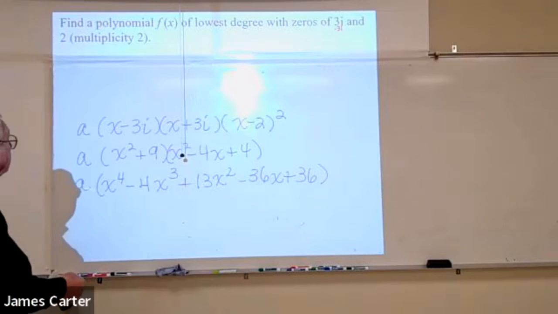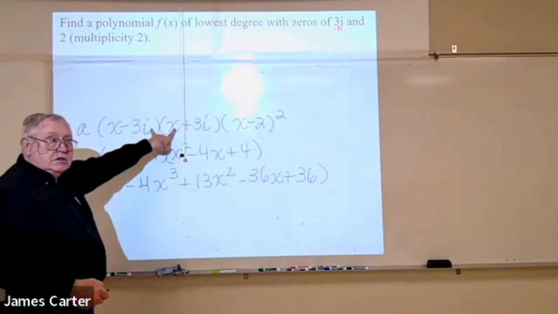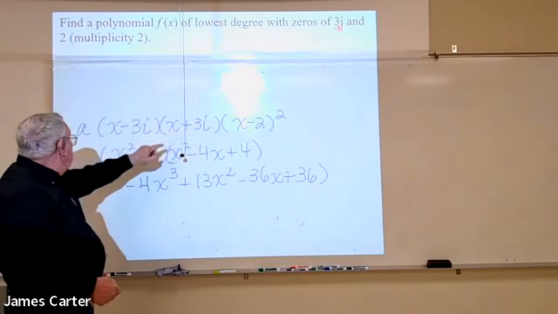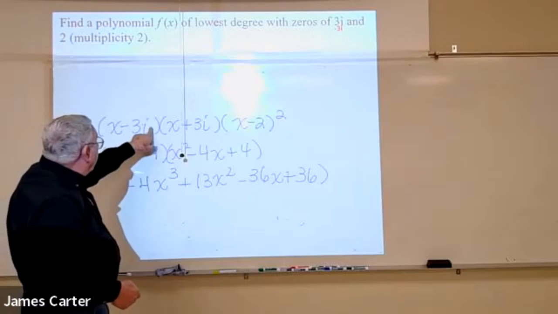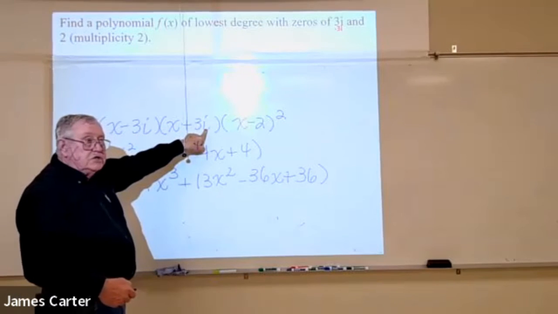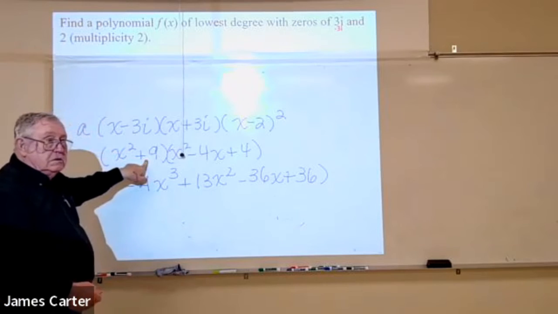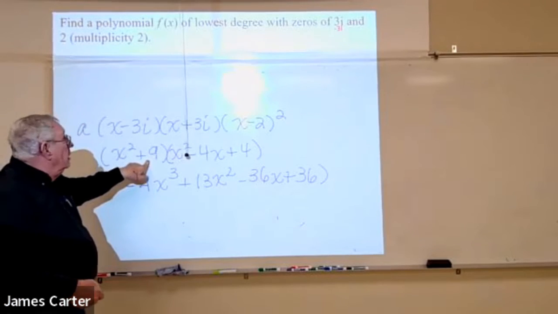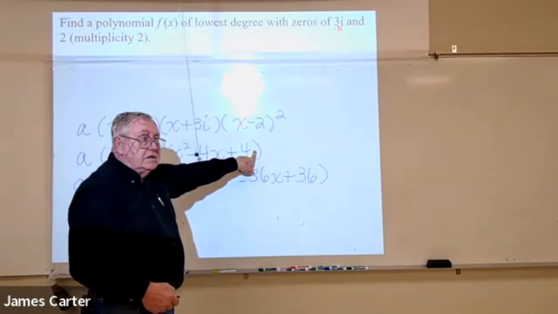Now, these two are conjugates. X squared, ordinarily you would have minus 9, but i times i is i squared, which is -1, which is what changed this to plus. This one, just like before, multiplies out to that.